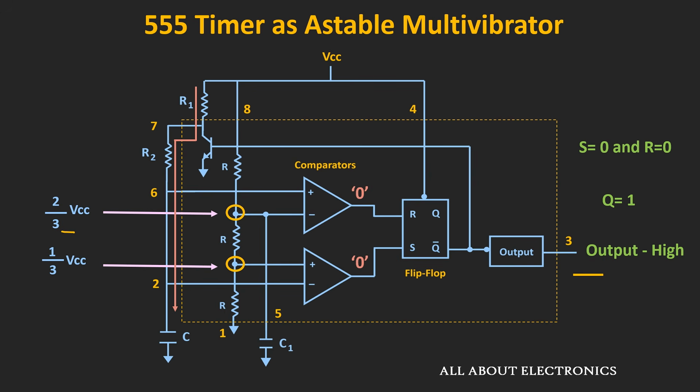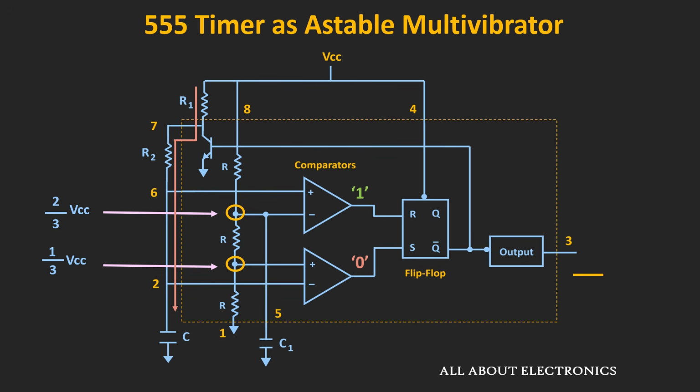Now let us see what happens when this capacitor voltage reaches the 2/3 VCC voltage. Whenever this capacitor voltage just crosses the 2/3 VCC voltage, at that time the output of the first comparator will become logic high, because at that time the voltage at pin number 6 is more than the reference voltage.